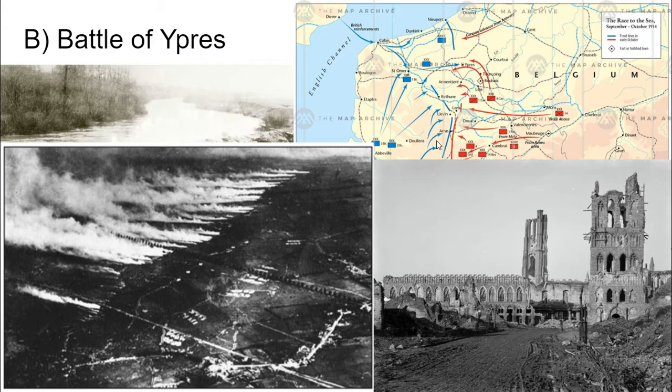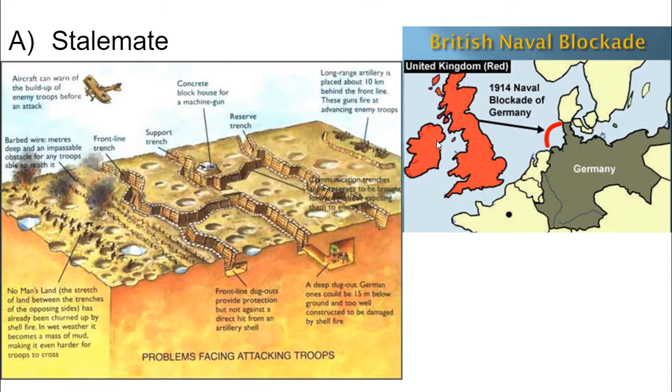And it turns into a brutal slog and a battle of attrition where both sides are just basically trying to kill as many soldiers as they can, because it starts to become clear that an actual breakthrough is not going to happen. This then breaks down into a stalemate, with trenches spanning basically the entire border between France and Germany.